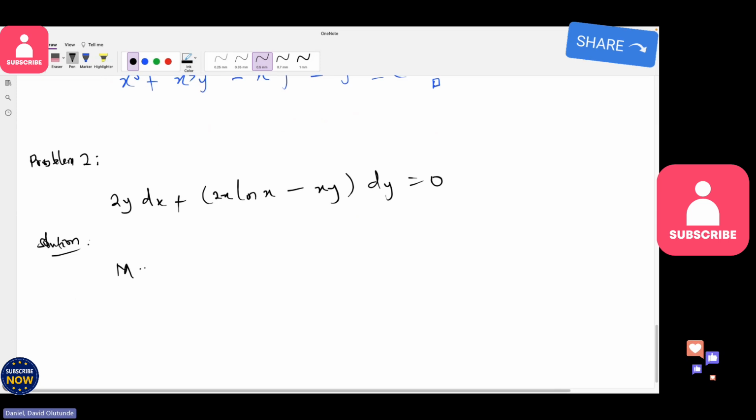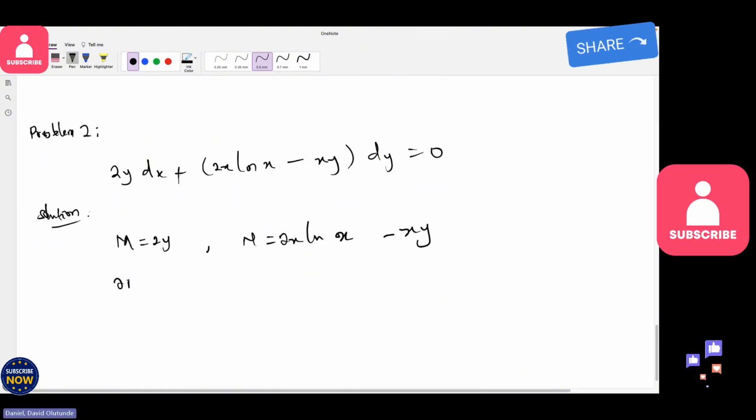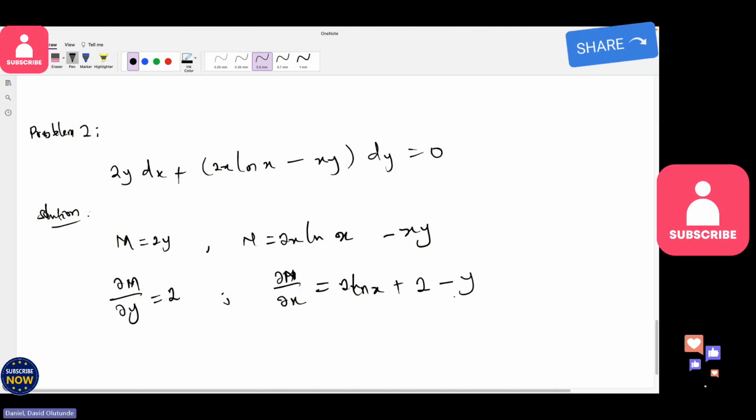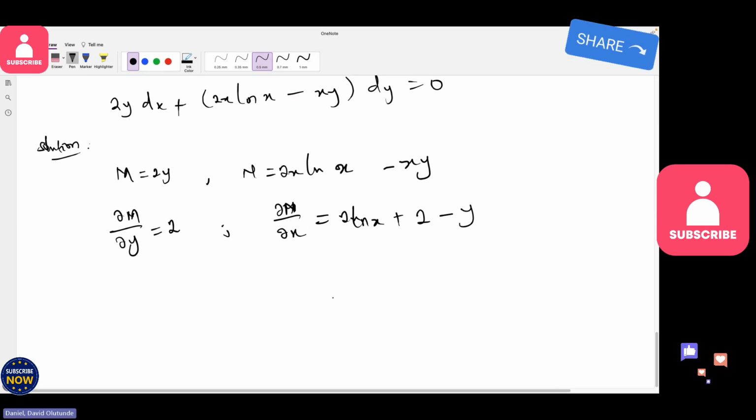let's call M to be 2y, and let's call N to be 2x ln x minus xy, such that the partial of M with respect to y equals 2, and the partial of N with respect to x equals 2 ln x plus 2 minus y.